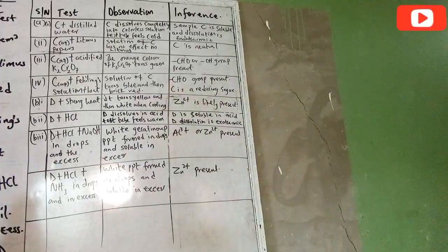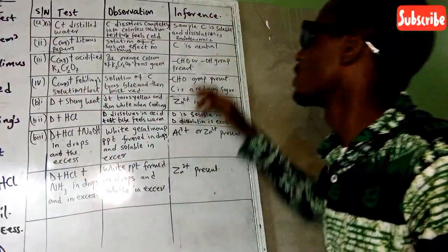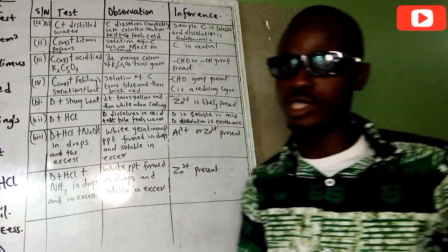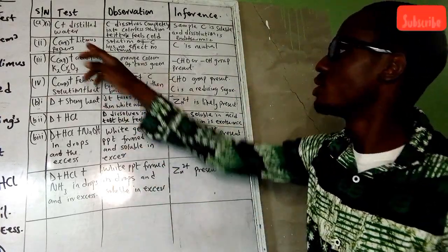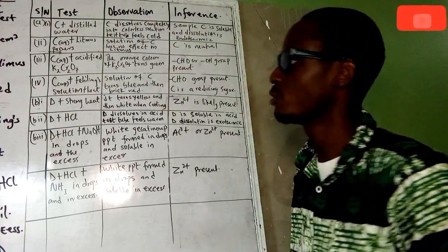For the first test, C dissolved completely into a colorless solution and the test tube feels warm. So it indicates that sample C is soluble and the dissolution is exothermic. Then C plus litmus paper shows that it's neutral because it doesn't respond to the blue and red litmus paper.